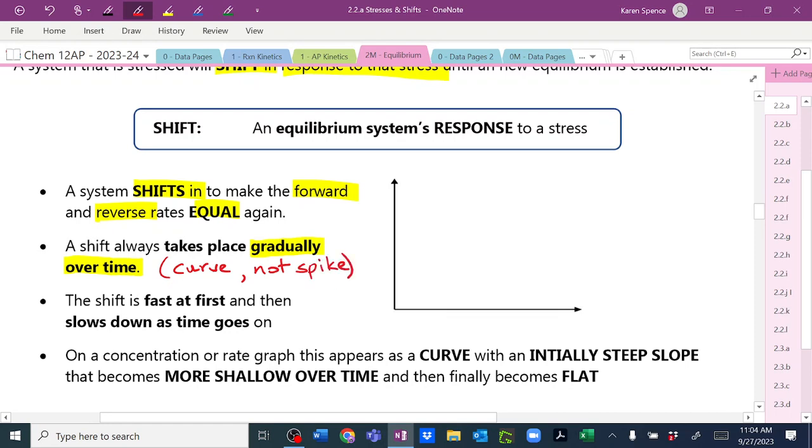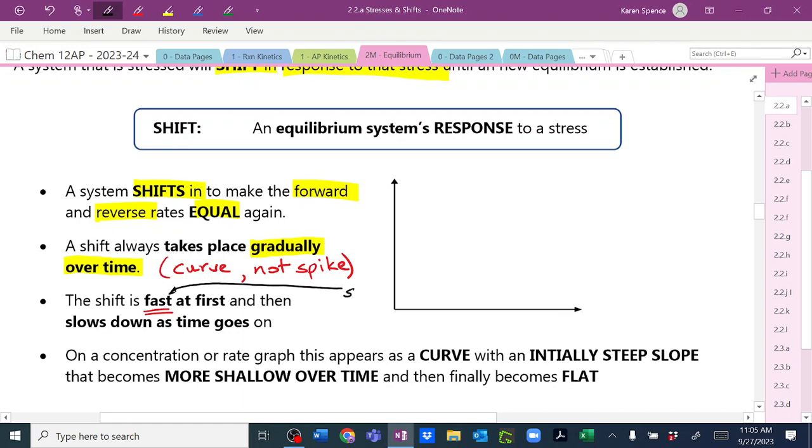Now, shifts are fast at first because the difference in rates will be the greatest at the beginning. And they will slow down as time goes on as the rates become more equal, okay? So the shift is fast at first, which means that the curve will be shallow or steep at first?